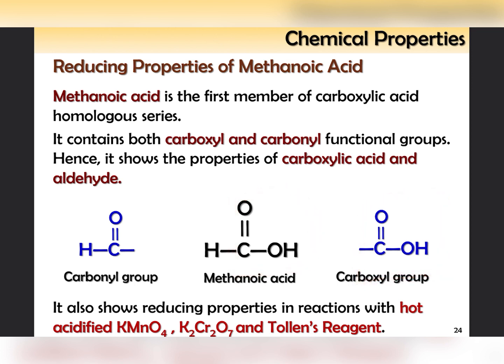Okay, so methanoic acid will show reducing properties in reaction with hot acidified KMnO4 or acidified K2Cr2O7 with heat or Tollens reagent. Okay, so for all these 3 reagents, it will give products.